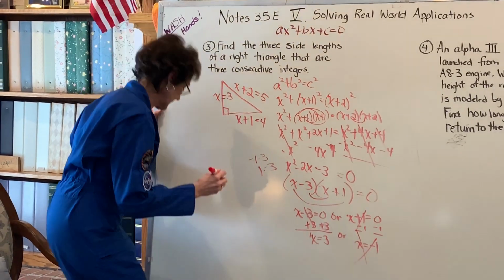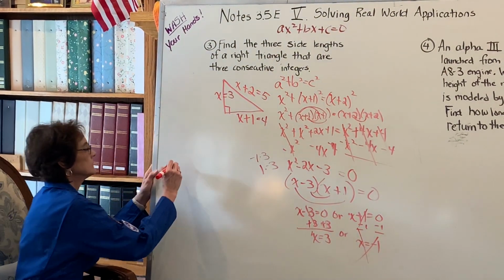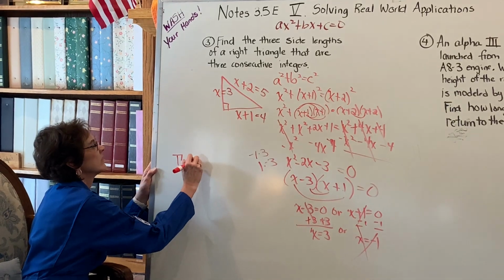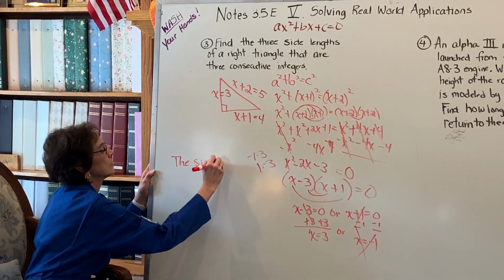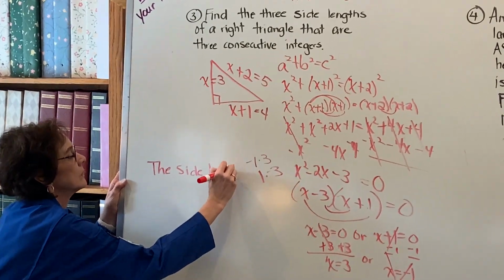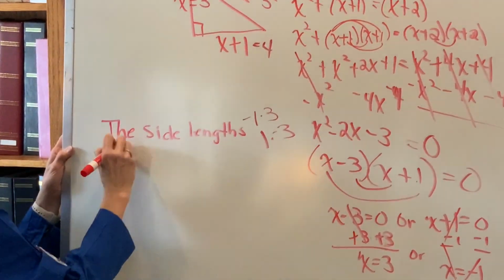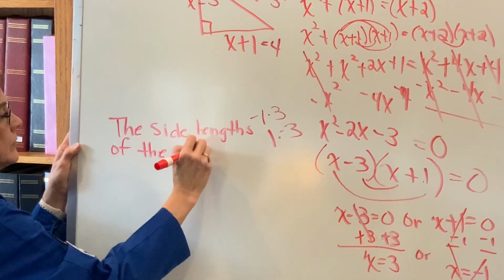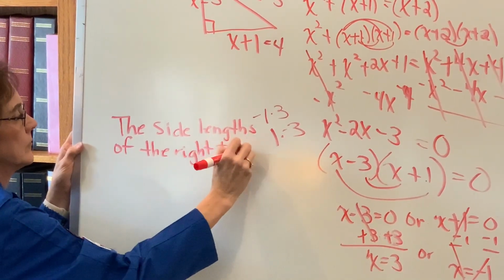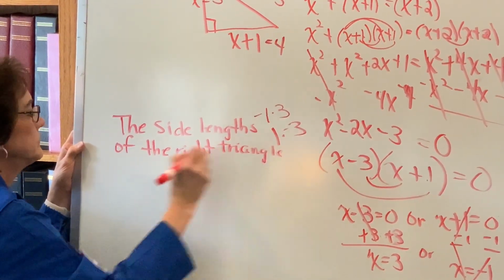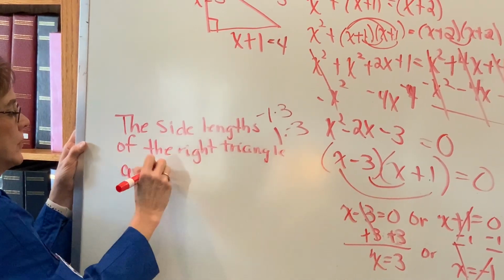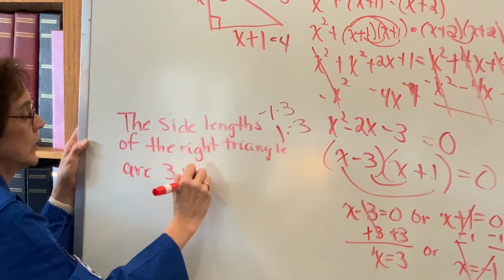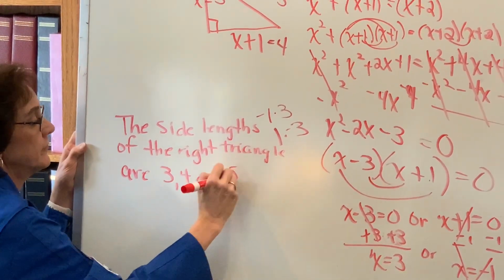So the side lengths of the right triangle are 3, 4, and 5.